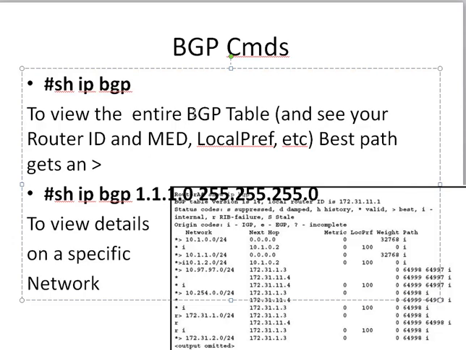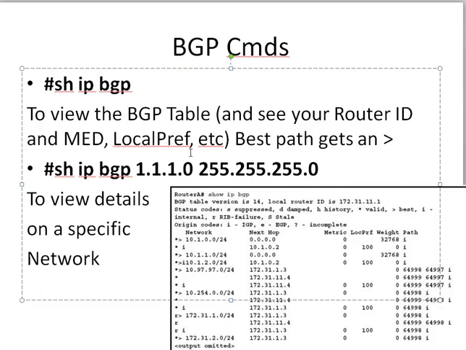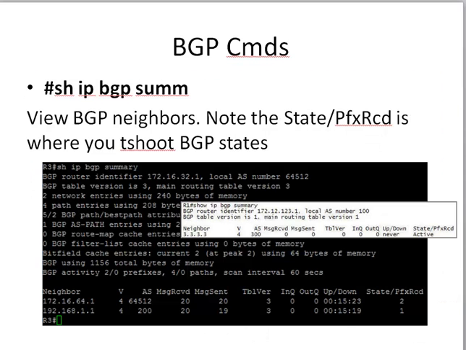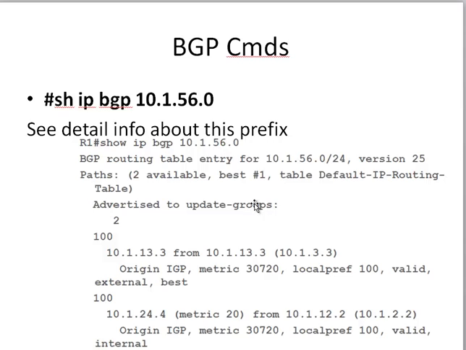Or if I want to be specific, and a lot of commands in the IOS let you do this, show BGP and then put the actual network that you want to view. That will give you more detailed specifics on the network, and it looks like this. So you'll see more details about this network.